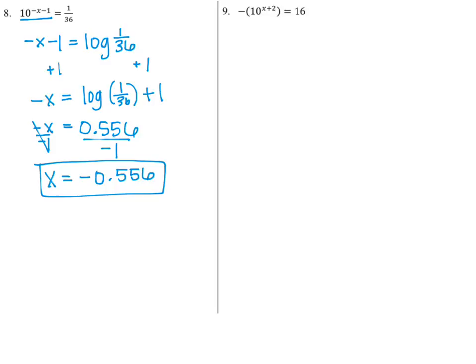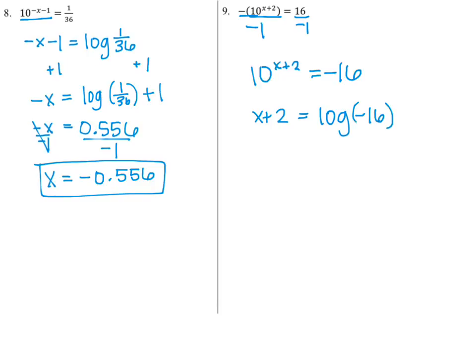And then last but not least, I have number 10. So I need to isolate this 10 to the x plus 2. So I'm going to do that by dividing both sides by a -1. If I go and try and put this into log form, I have x plus 2 is equal to log of -16.